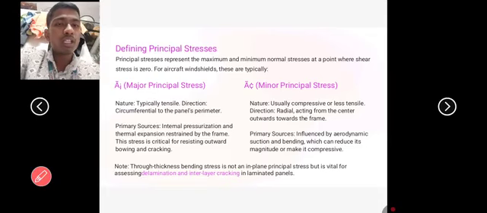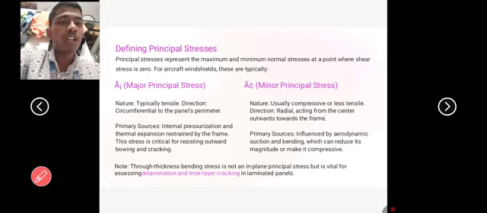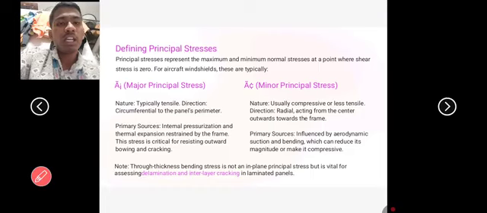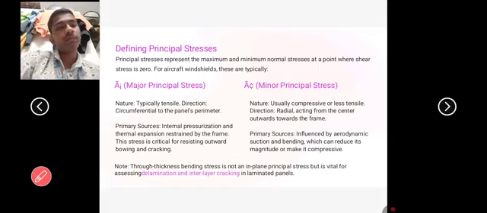Note: through-thickness bending stress is not an in-plane principal stress, but it is vital for assessing delamination and interlayer cracking in laminated panels.